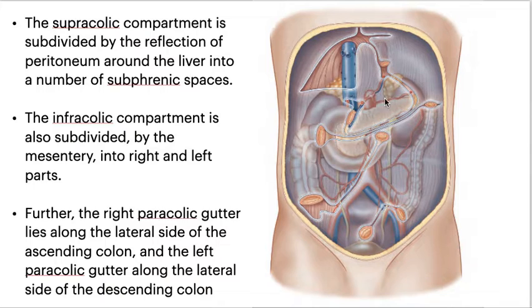So the supracolic compartment is also called the subphrenic space. Whereas the infracolic compartment is subdivided into a right and a left part by this mesentery over here. This is the right paracolic gutter, which lies along the lateral side of the ascending colon, and the left paracolic gutter along the lateral side of the descending colon.